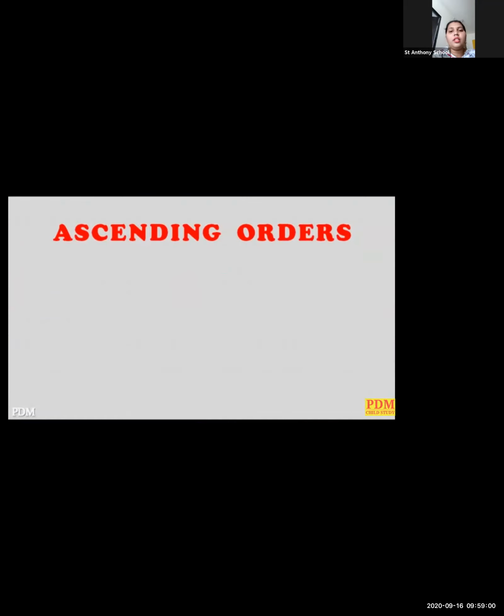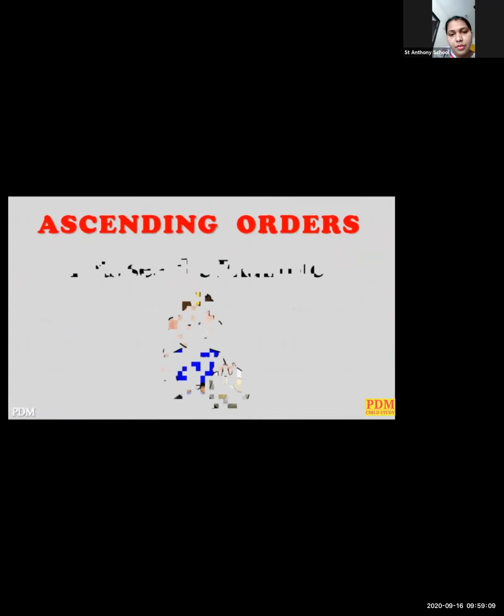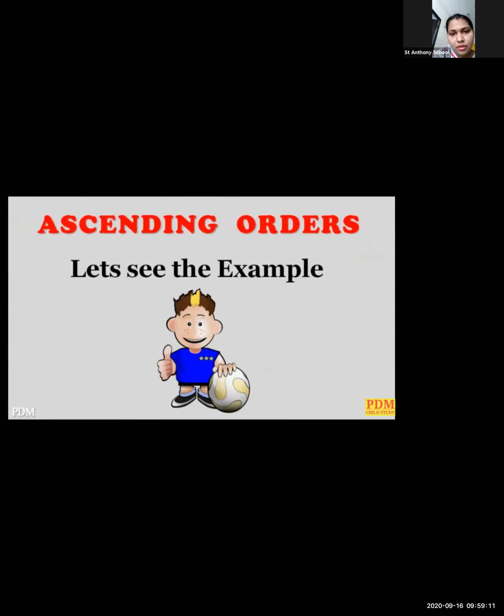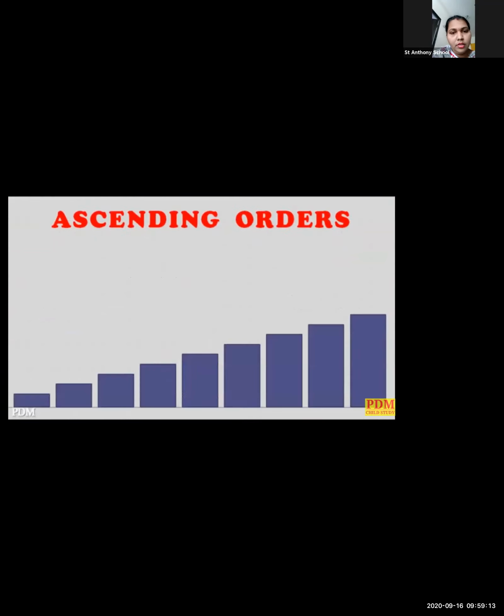See students, in this video how to write the ascending order. The ascending order means increasing order. Let's see the example of ascending order. Start from smaller number to bigger number.